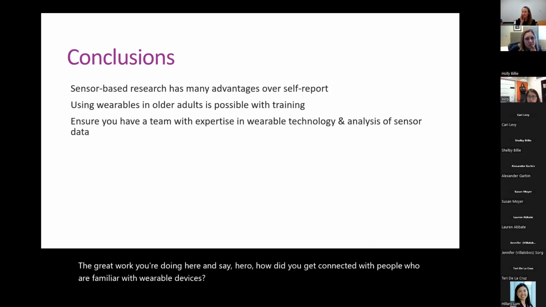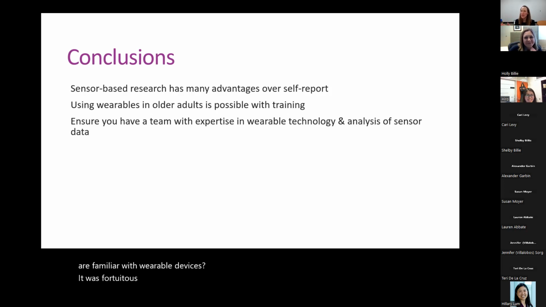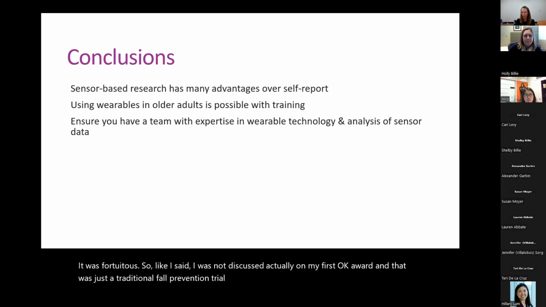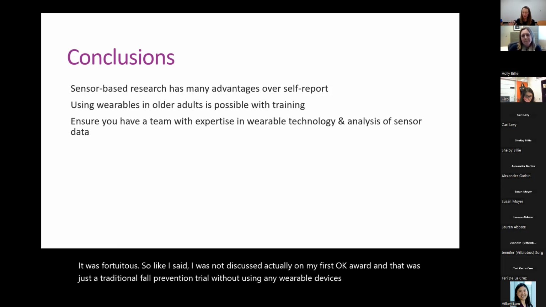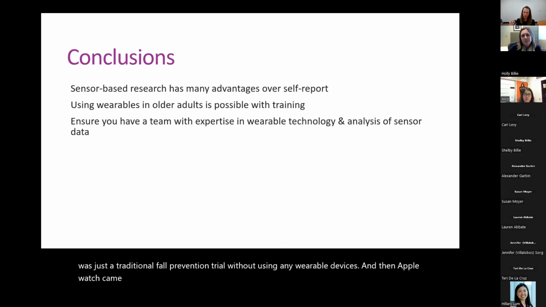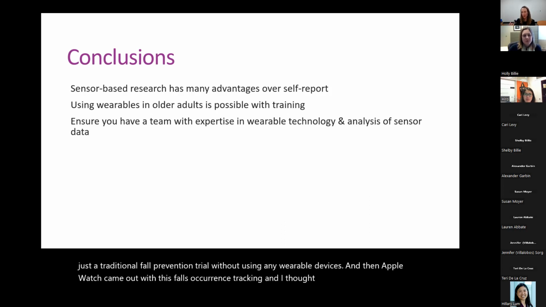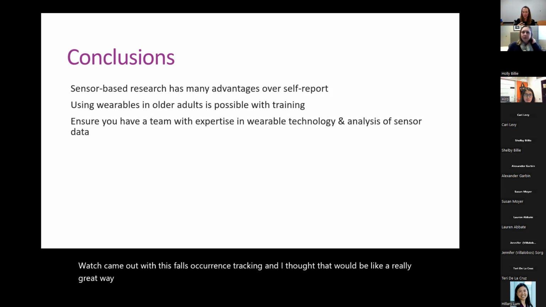It was fortuitous. Like I said, my first K award was just a traditional fall prevention trial without using any wearable devices. Then Apple Watch came out with this fall occurrence tracking, and I thought that would be a really great way, not only for my career to expand into digital health, but also to get better objective measures on patients.